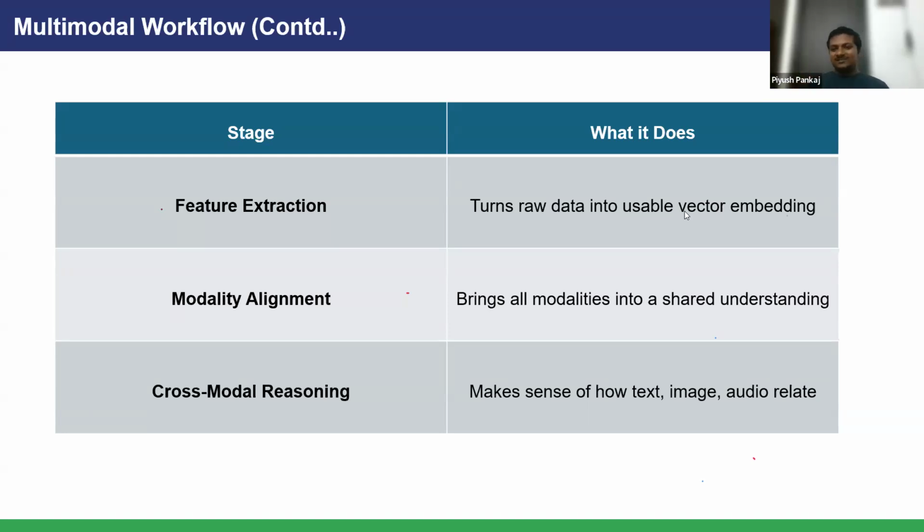They only know numbers. Those numbers are called vectors. Then we have modality alignment, bringing all modalities into a shared understanding. Then we have cross-modal reasoning, sensing how text, image, or audio can be related.